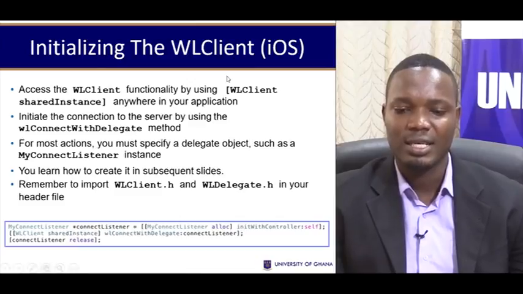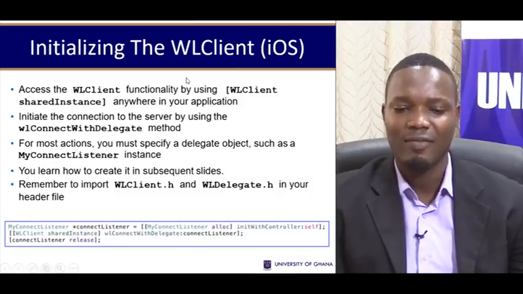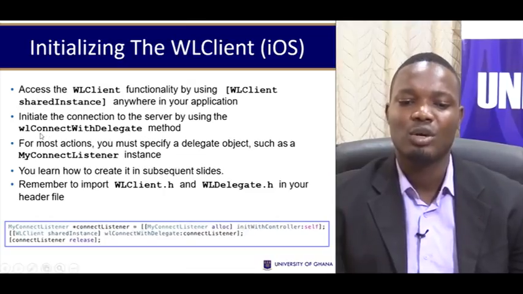In initializing the WLClient, which will give us some way of accessing our server, we implement or access the WLClient functionality by using the WLClient shared instance anywhere in our application. So we initiate the connection to the server by using the wlConnectWithDelegate method.